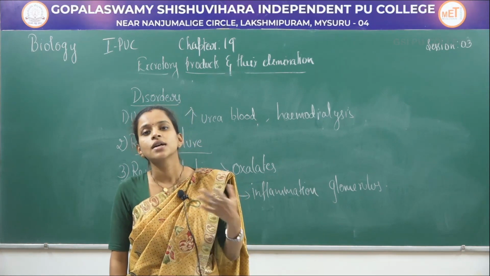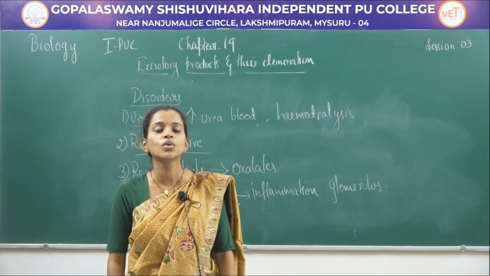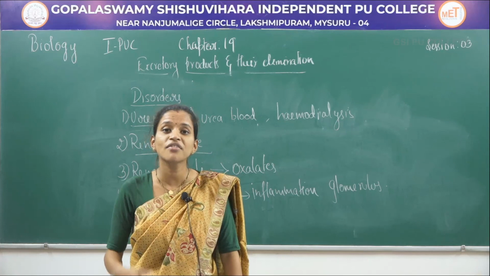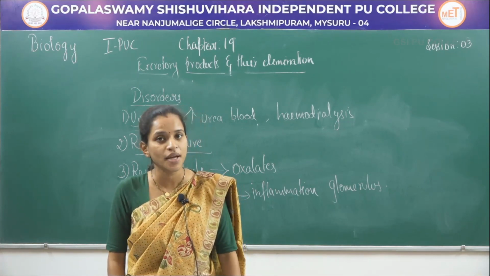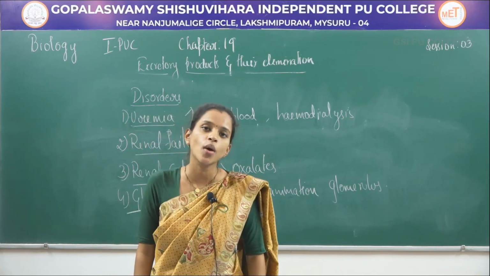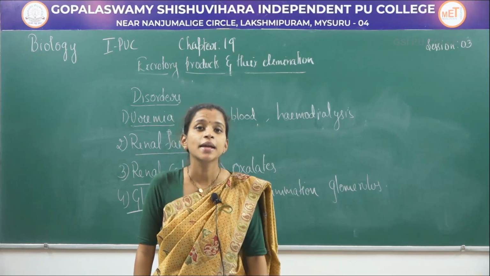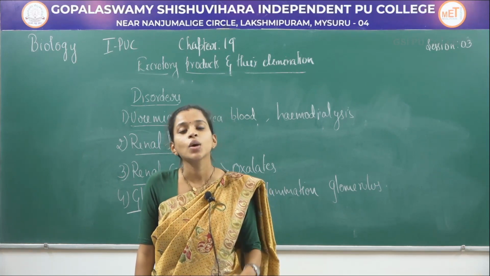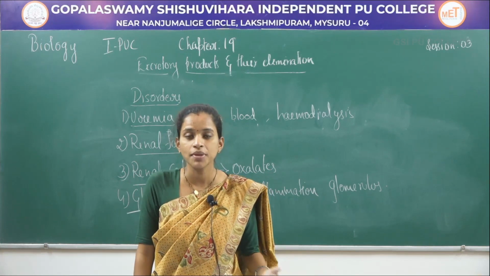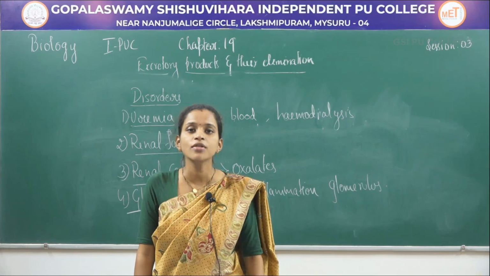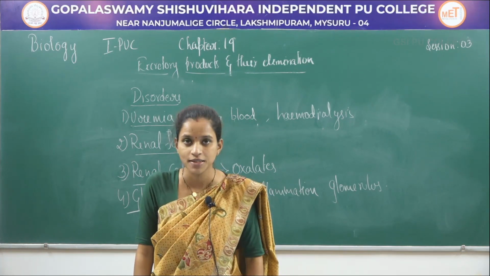So there is a diffusion process where the urea moves from higher concentration to lower concentration, and then the urea-free blood can be transferred into the patient's body. During this process, to avoid coagulation when the blood is being transferred, heparin will be added, and when the blood from the dialysis chamber is transferred into the patient's body, anti-heparin will be added so that coagulation takes place.